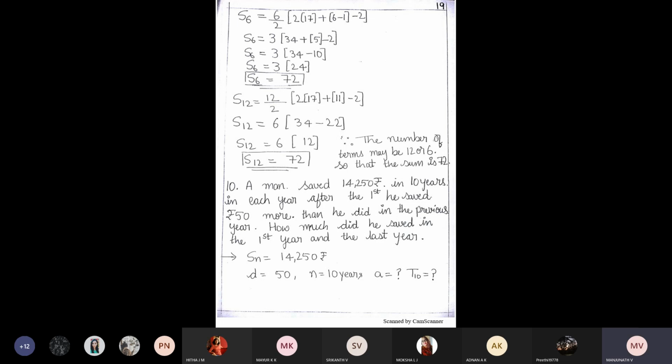It is simple substitution. Sn is equal to 14,250, and the summary of the statement is like this. Given: Sn is equal to 14,250, everything in rupees. Common difference is equal to 50 rupees, and n is 10 years.